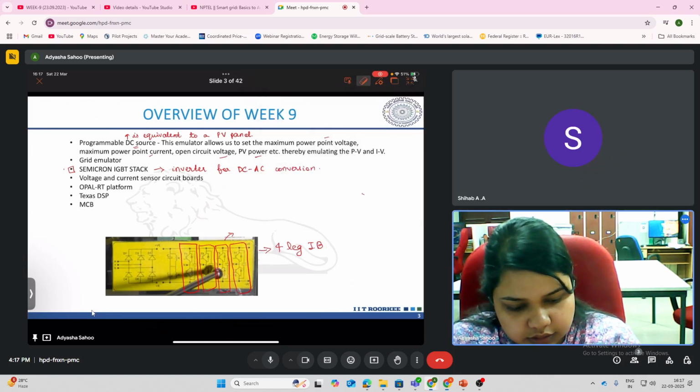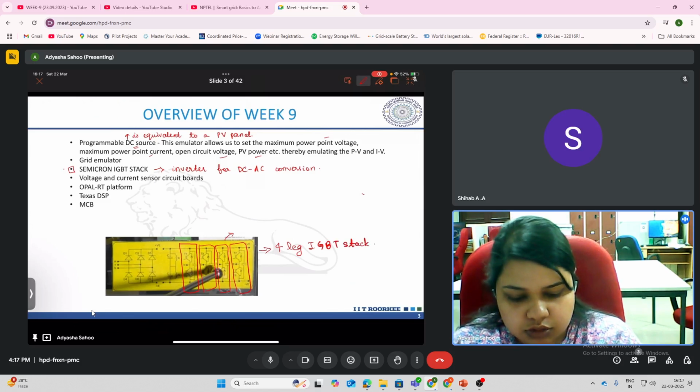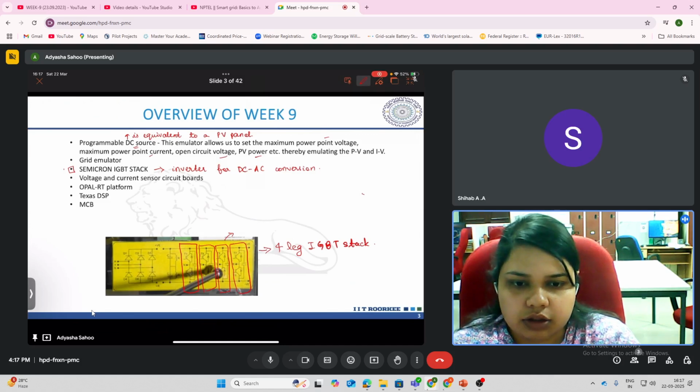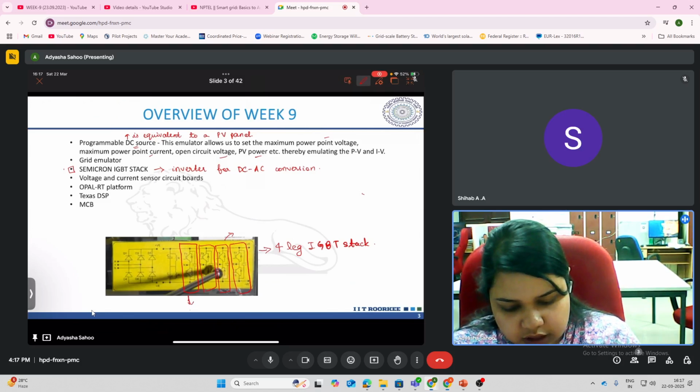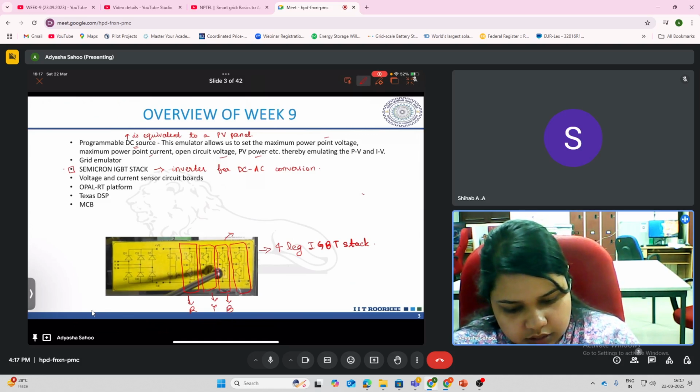Basically, for each RYB phase, you can use one leg, and you have one extra leg with you. If you need, you can connect that also. For the RYB phases, you can connect phase R to this leg, Y to this, and this for the third phase. Now, these are nothing but switches.